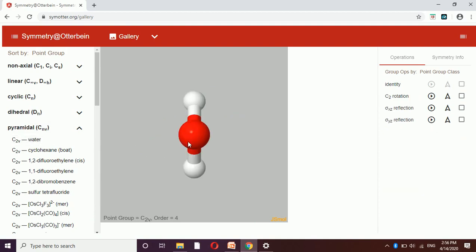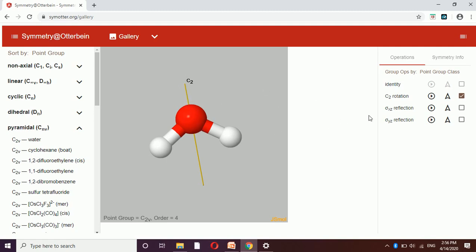So this is the water molecule, oxygen and two hydrogens. Mark the C2 axis which is passing through the oxygen. If the molecule is placed in the yz plane, this axis is passing through the z axis and the molecule lies in the yz plane.